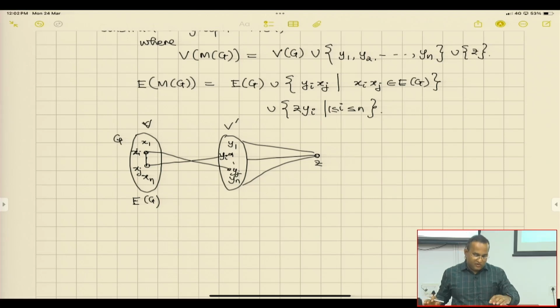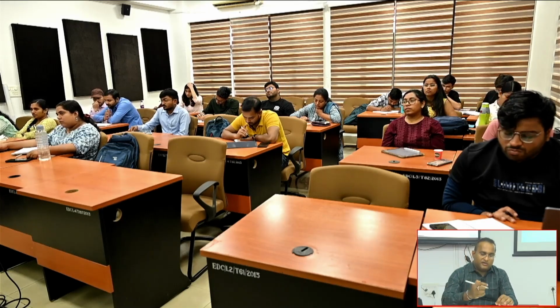right? So you take two copies of the vertices of the graph V and V dash, a new vertex z, right? You take the edges of the graph, you make z adjacent to every yi, and the edges between V and V dash will be of this form.